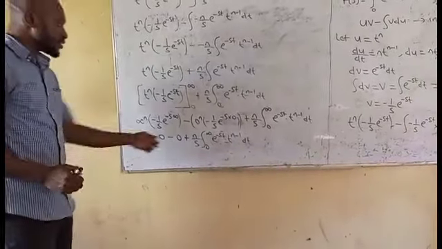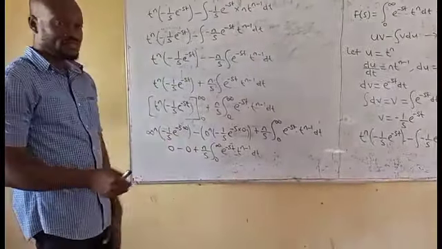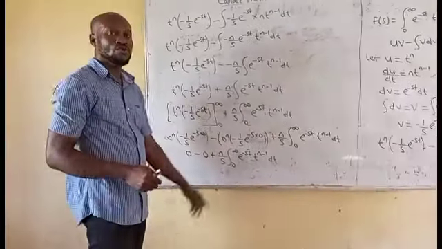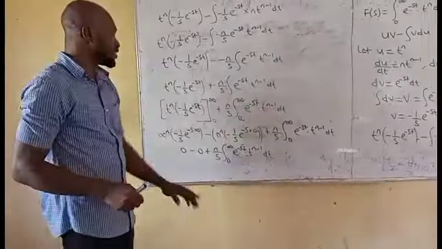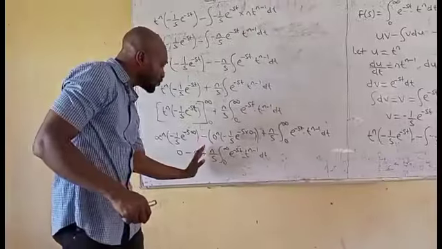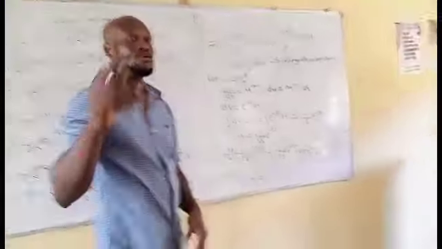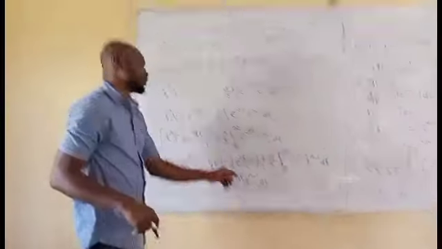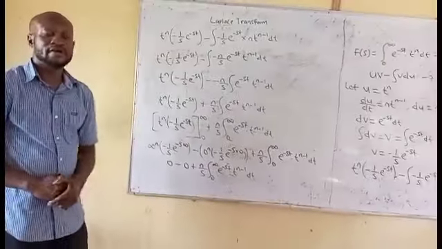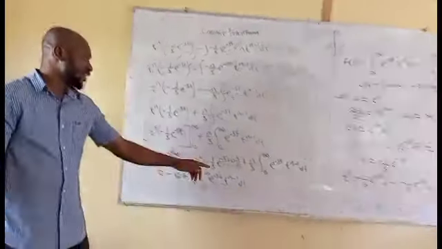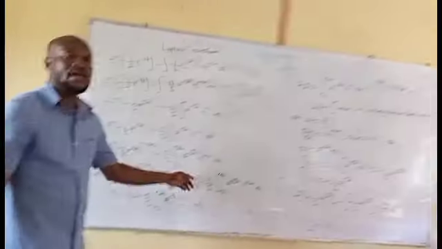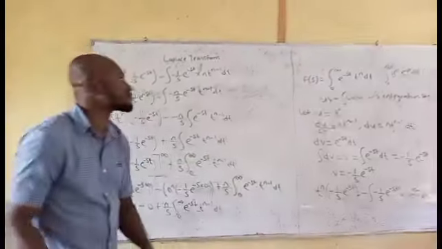So 0 minus 0 will give you 0, plus n over s multiplied by this. It will now give you n over s multiplied by the integral from 0 to infinity of exponential raised to the power of minus st times t raised to the power of n minus 1 times dt.